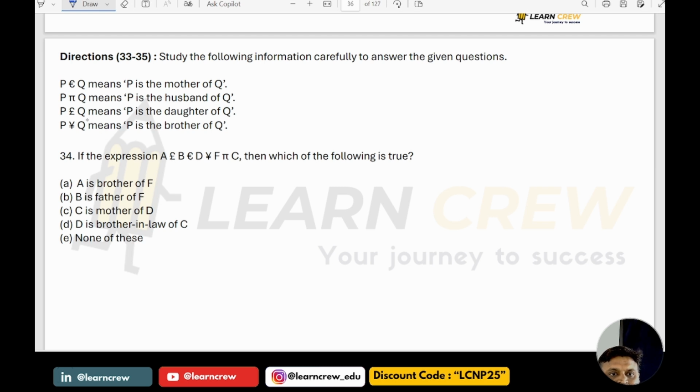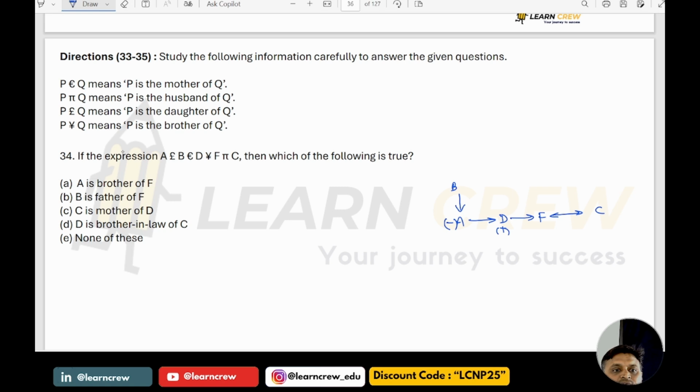A, this symbol B, means A is the daughter of B. And B, this symbol D, means B is the mother of D. And D Y F means D is the brother of F. Next, F pi C means F is the husband of C. This is what is given.